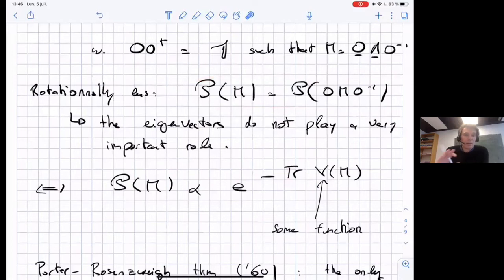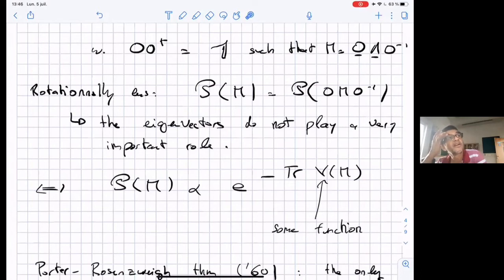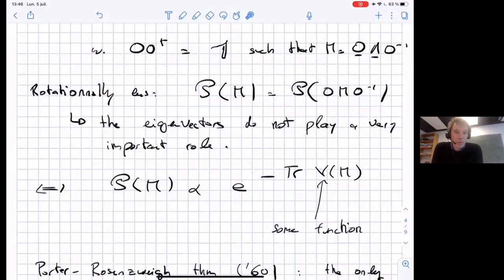It's hidden in the fact that the probability measure, if you impose that, means that P of M can only depend on the eigenvalues of M. And if it only depends on the eigenvalues of M, that means that all the eigenvectors are equally distributed, or uniformly distributed. Right, okay. Thanks.